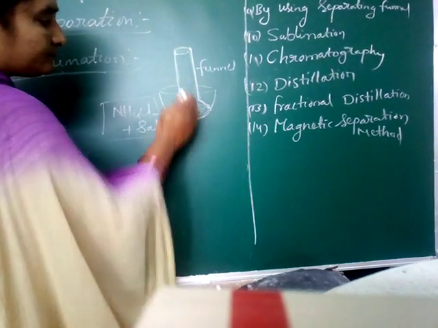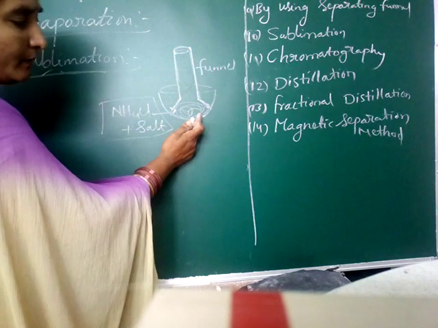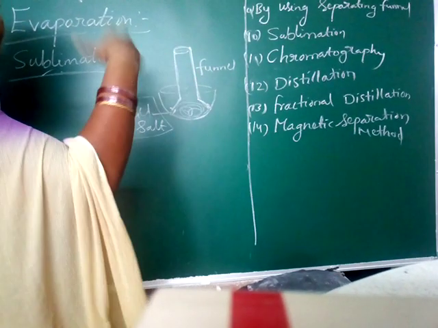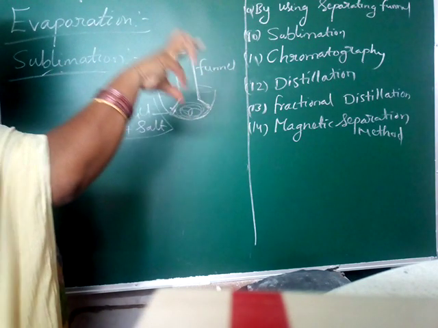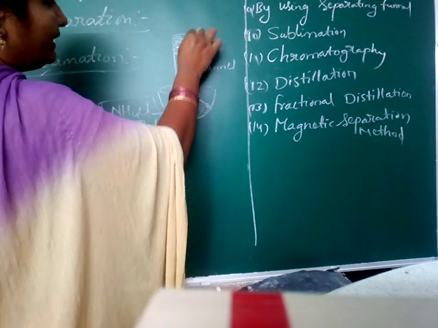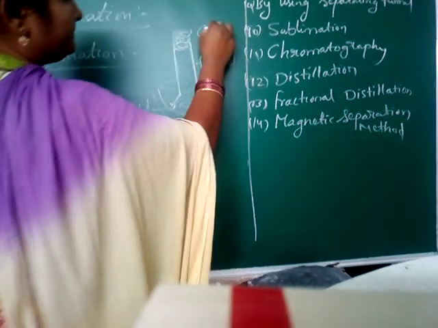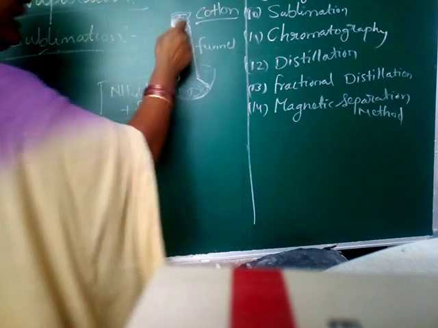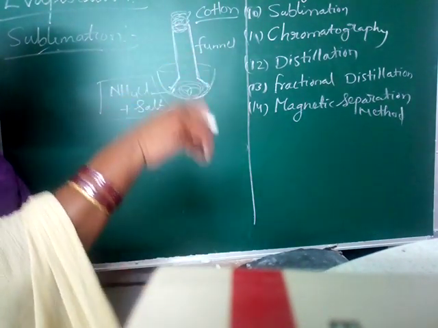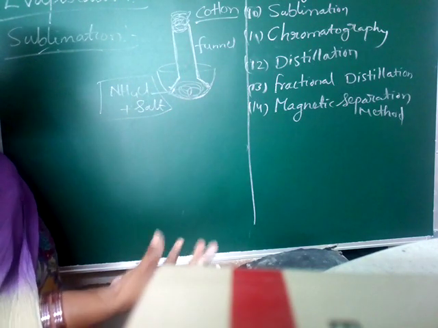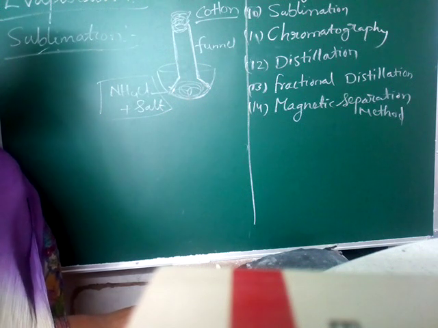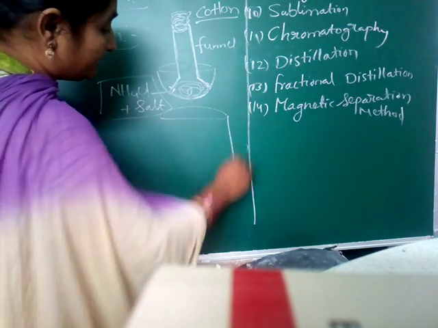Now you take the ammonium chloride and salt in the bowl and invert the funnel, meaning you keep it inversely on the mixture. Then you have to attach cotton at the top of the funnel. You have to attach one cotton ball, some clay-like cotton, and keep it on the funnel. Then heat gently using the stove.